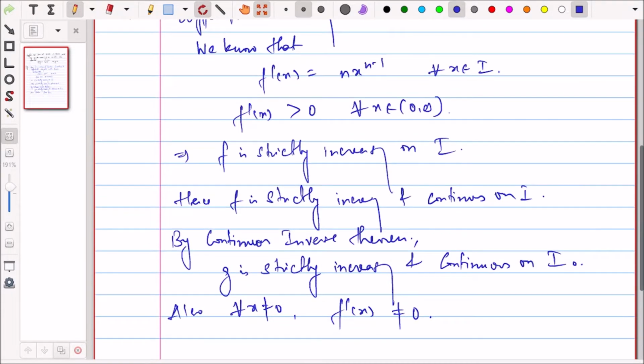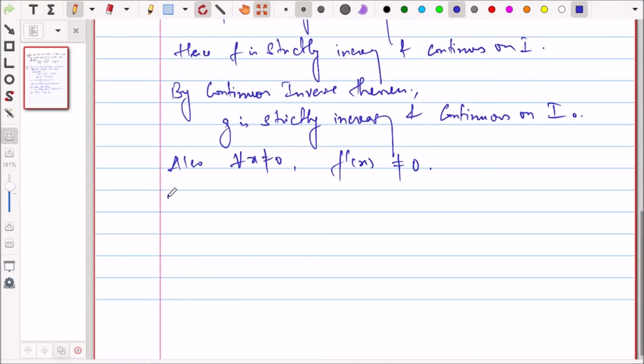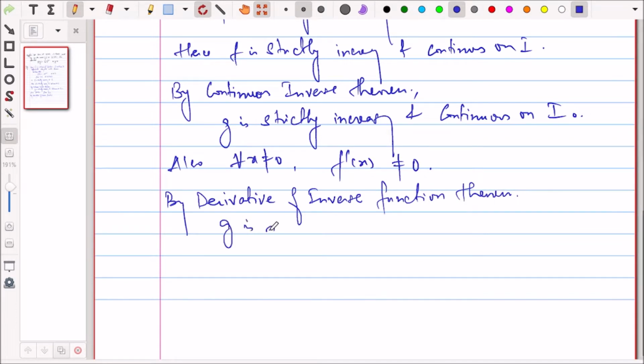So by the derivative of inverse function theorem, g is differentiable on (0, infinity). We have to exclude 0 because at 0 the derivative is 0.